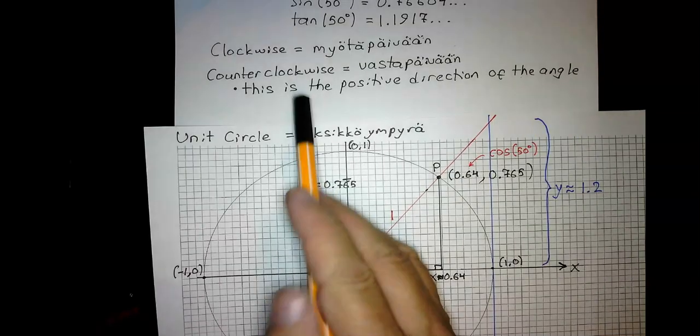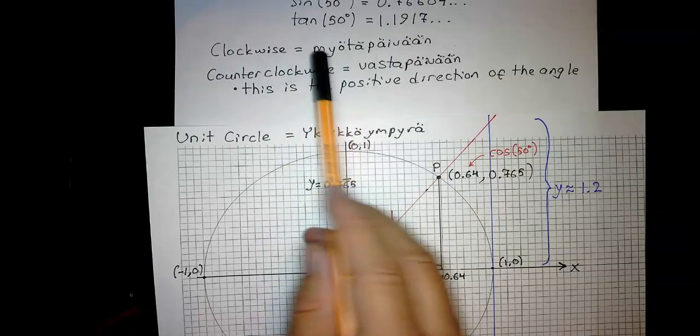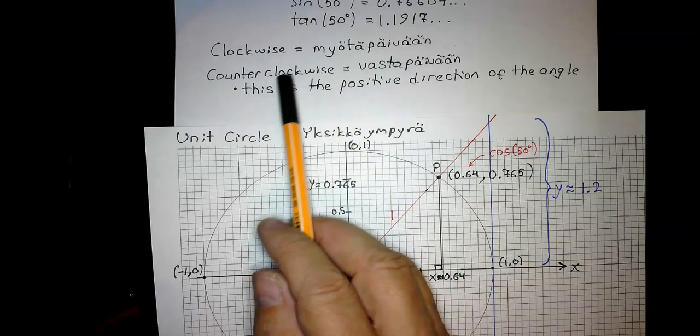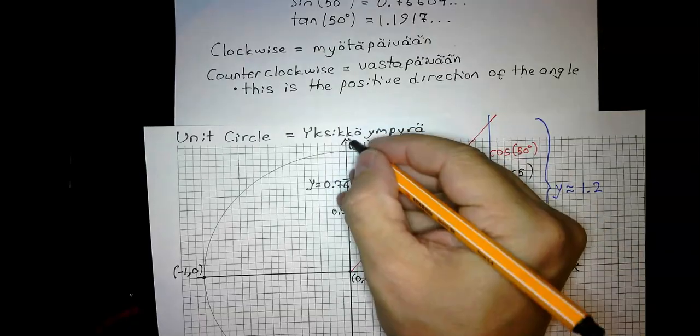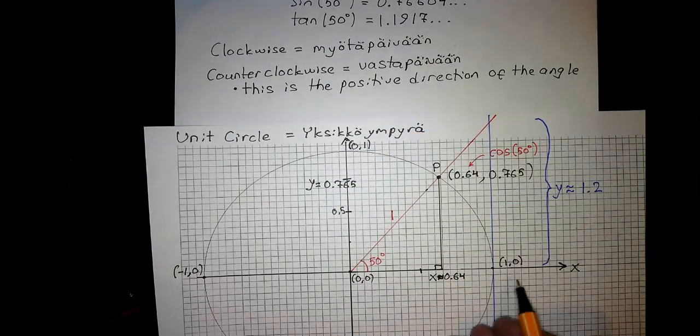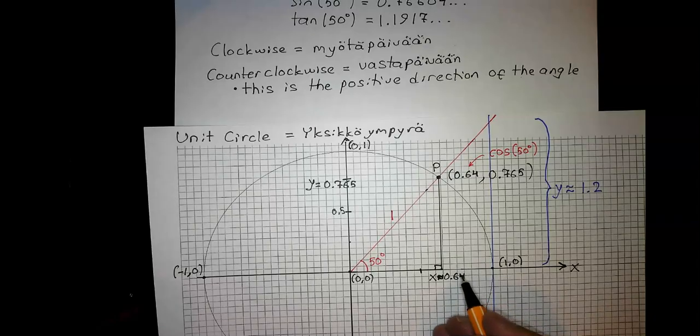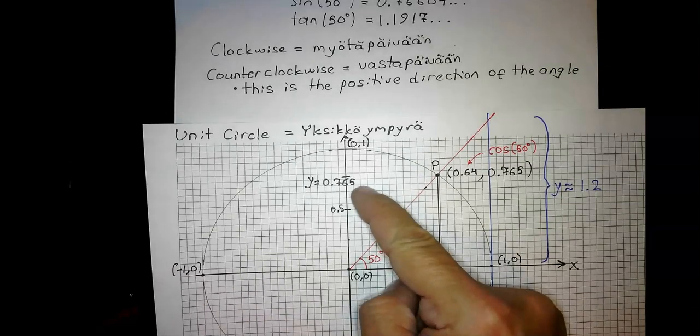In my opinion, it would be more logical to have the positive direction be clockwise. But in mathematics someone has chosen it like that. Actually the positive direction starts from the positive x-axis and goes towards the positive y-axis, and in this picture it goes counterclockwise.